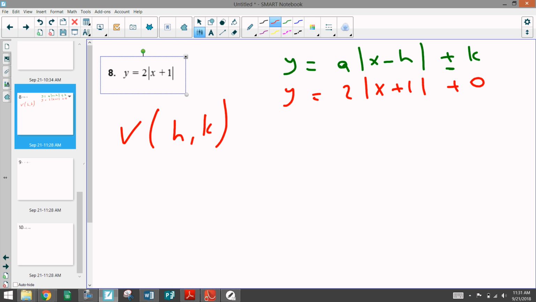So h, here you go. H is this. It's negative. Sorry. Here's the shortcut. It should be negative 1. Once you see h here, you'll just get the opposite number.